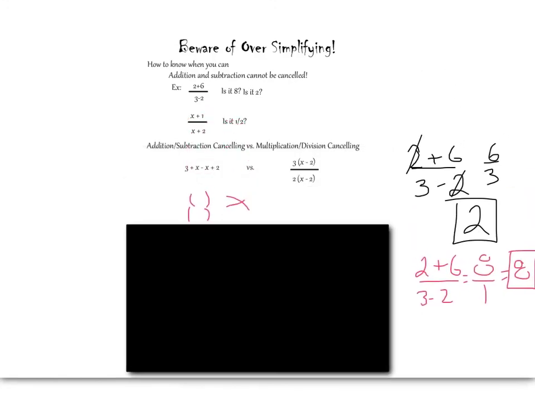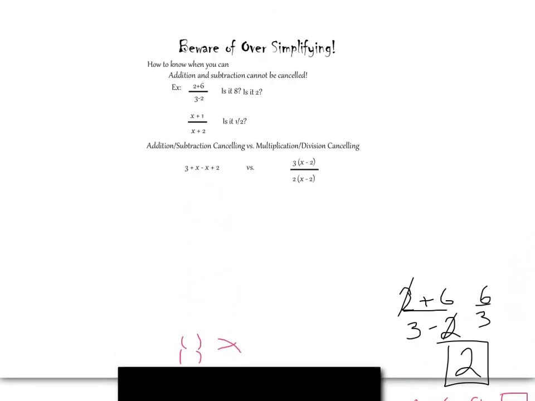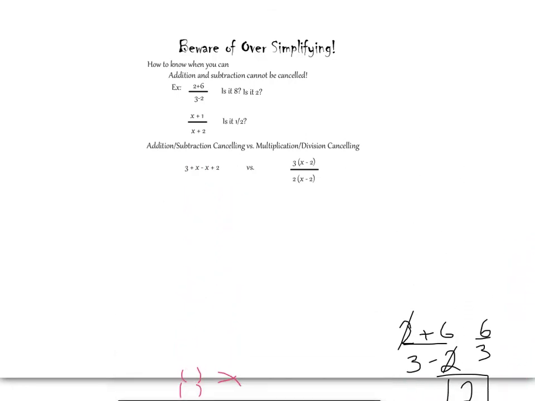Alright. Addition and subtraction canceling versus multiplication and division canceling, they are different. When you have a positive and a negative x, like you have here, let me rewrite that so it's a little bigger for you guys.